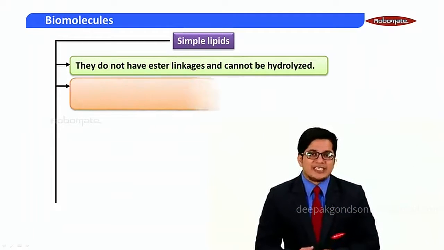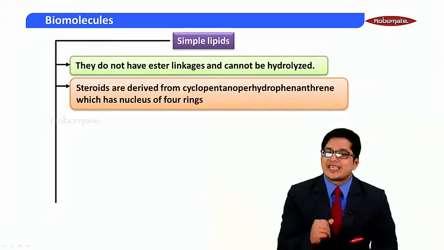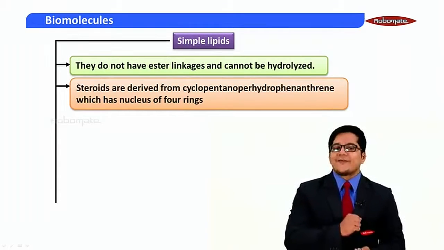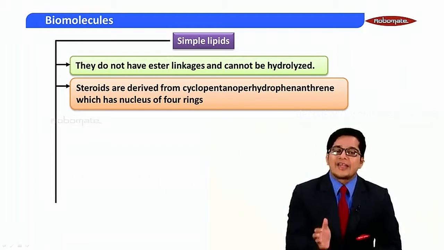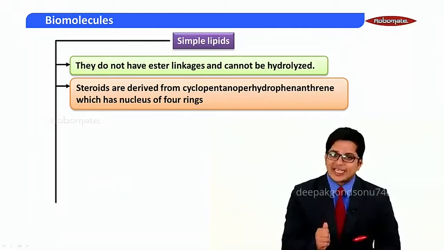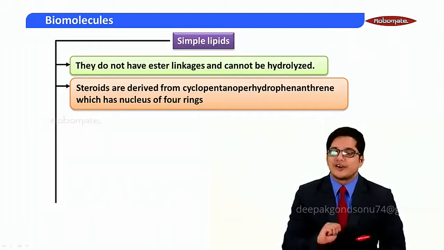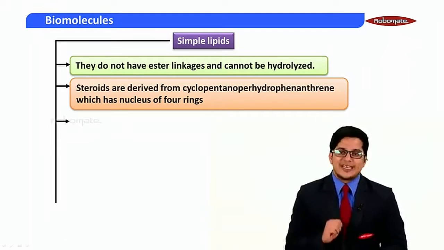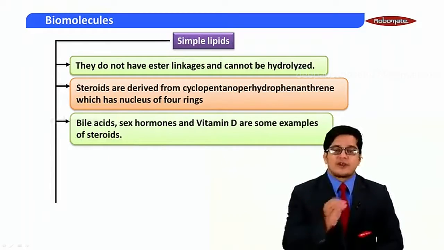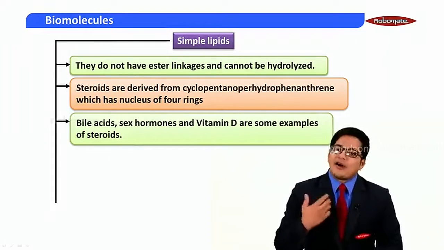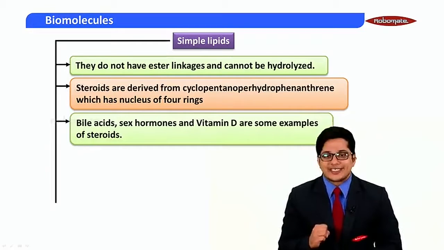The next property is that all simple lipids, that is steroids, are derived from a molecule of cyclopentanoperhydrophenanthrene, which has 4 rings. Next, bile acids, sex hormones and vitamin D are also examples of steroids.